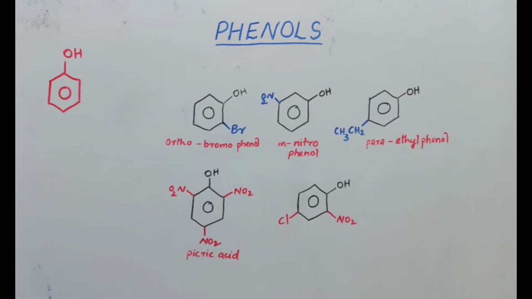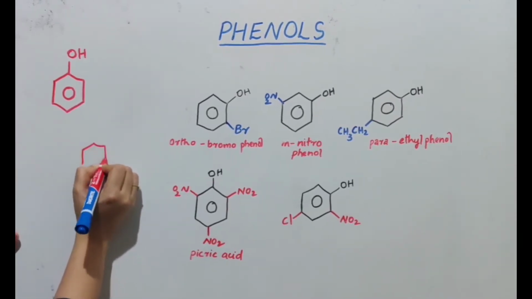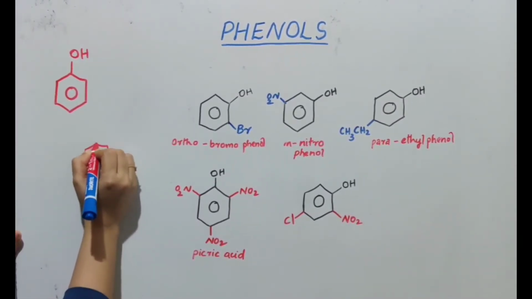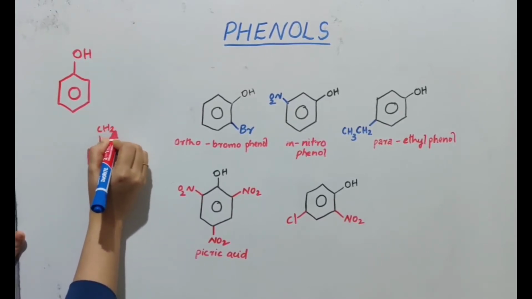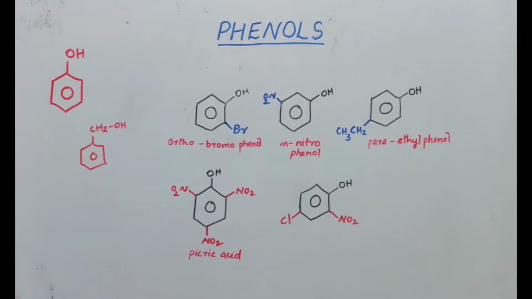In the second case, aromatic alcohols, the class of compounds having hydroxyl groups in a side chain of the benzene nucleus are known as aromatic alcohols. That is, the OH group is present in the side chain of the benzene ring.